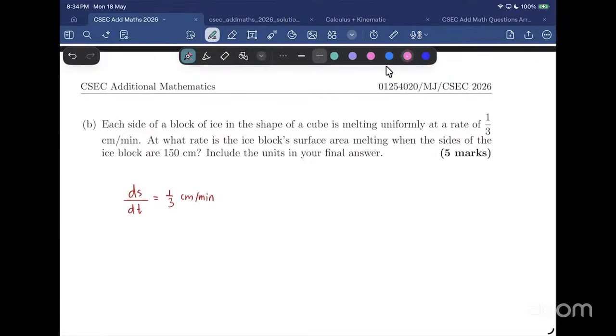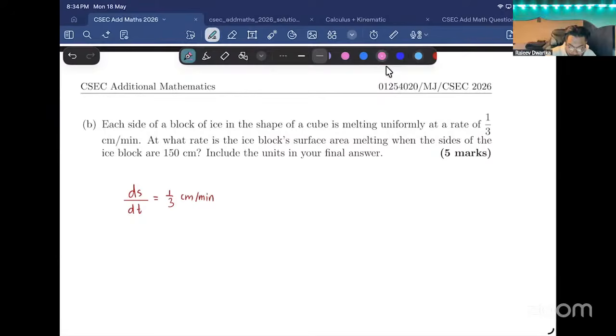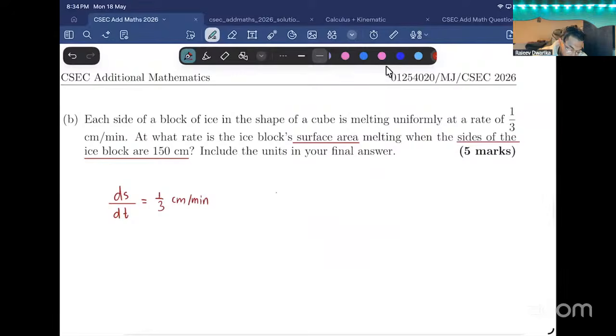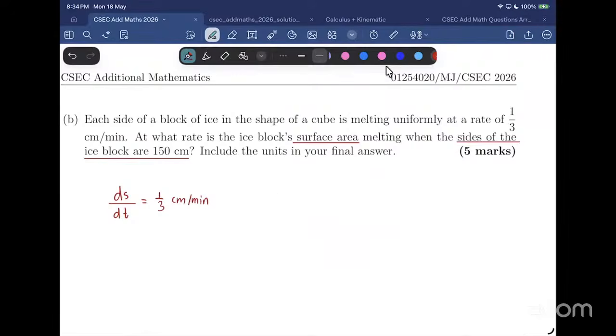And then they're saying, at what rate is the ice block's surface area changing when the sides of the ice block are 150 centimeters? So we gotta find surface area.